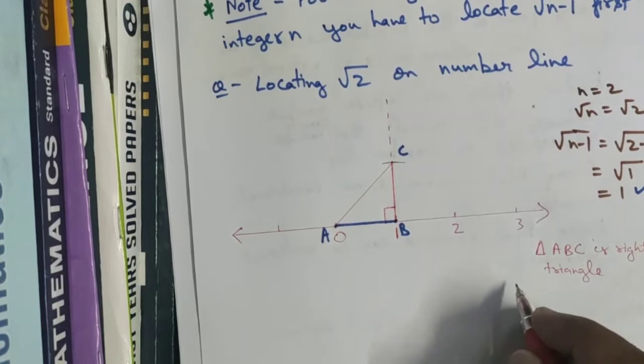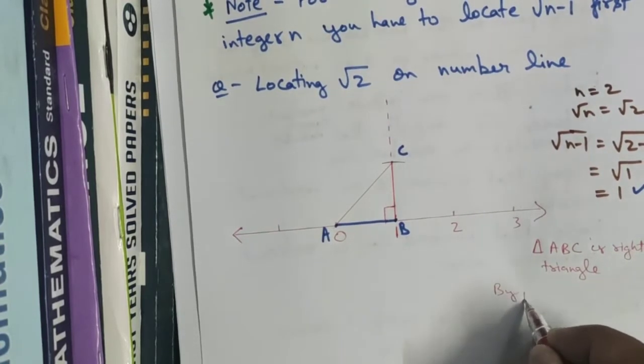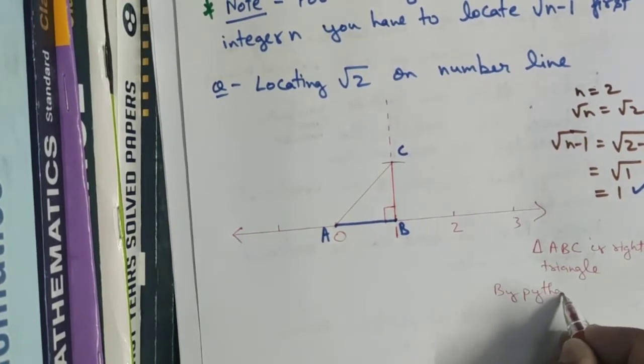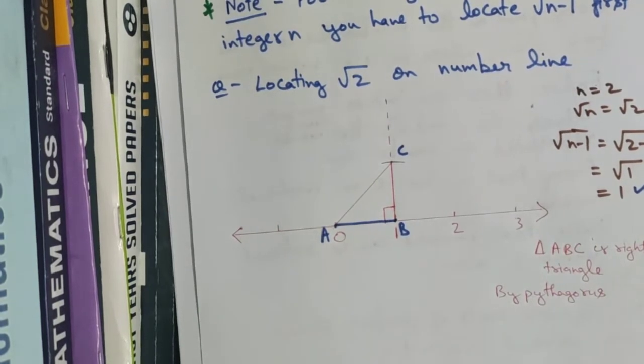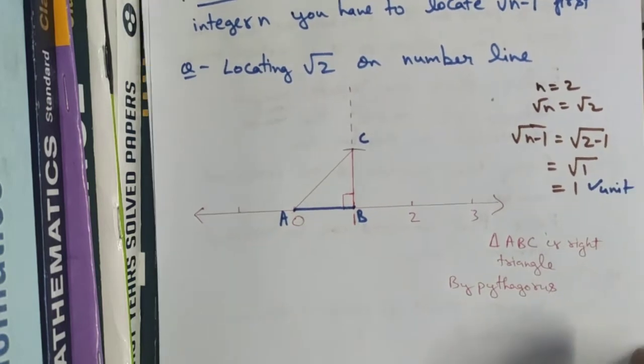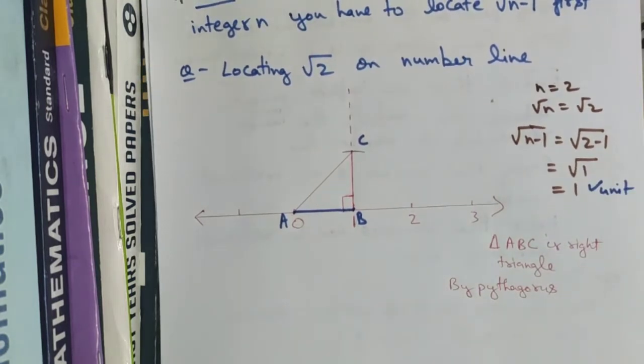So by Pythagoras theorem, the square of the hypotenuse is equal to the sum of the squares of the base and perpendicular.